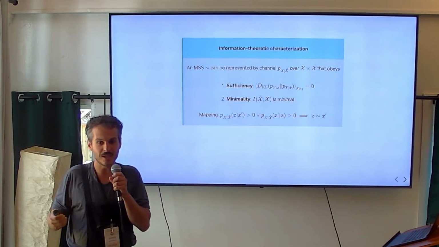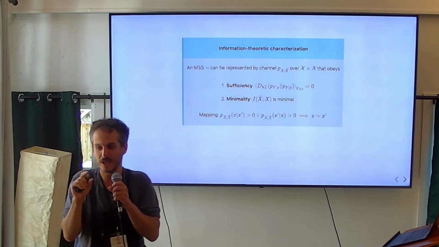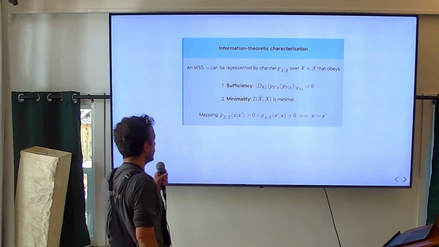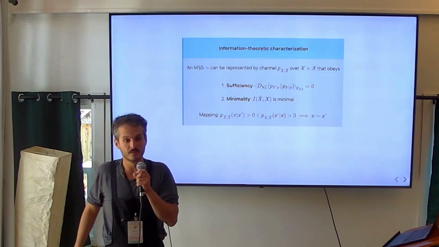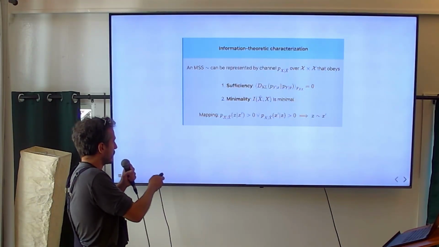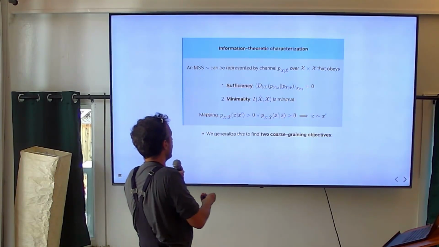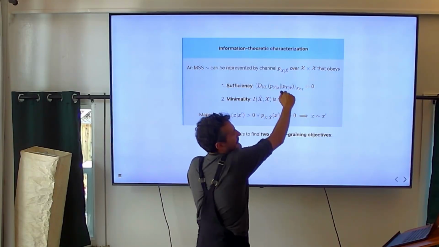So X and X prime are only linked if they give the exact same predictions, and the information between them is minimal. Sorry, this should be x hat given x.